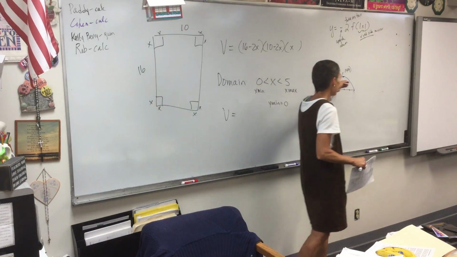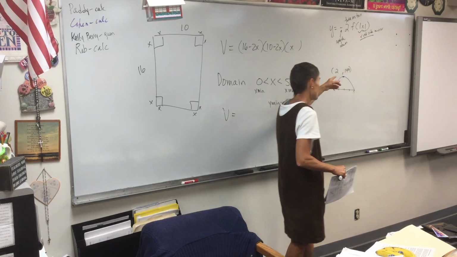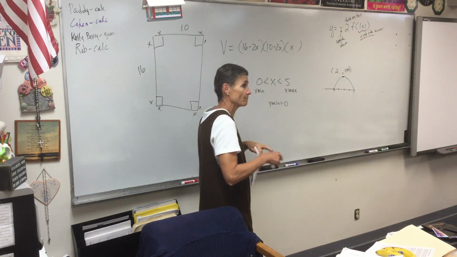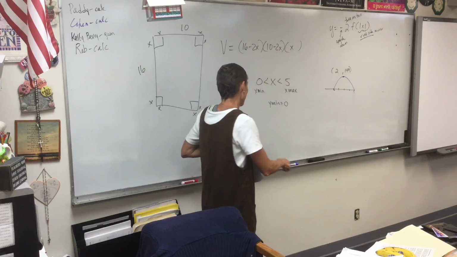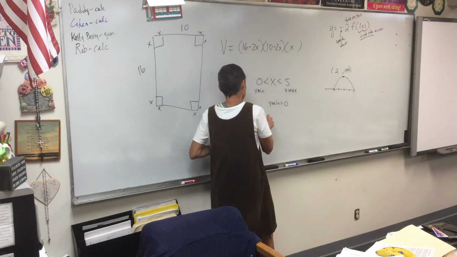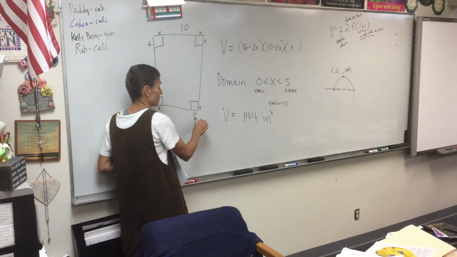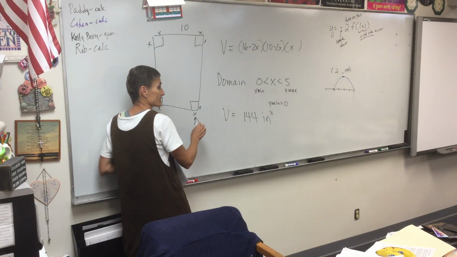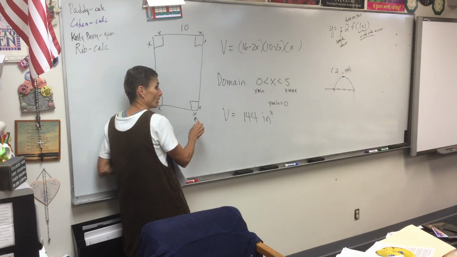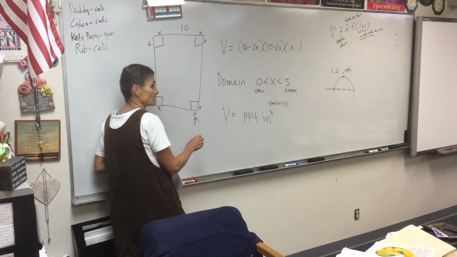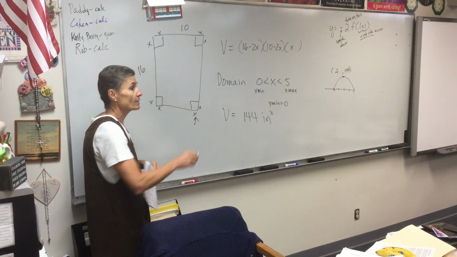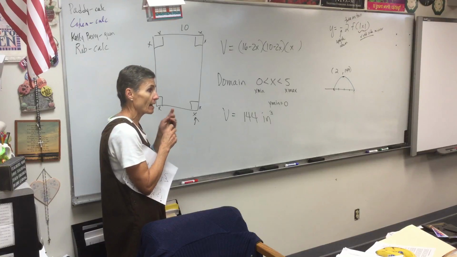You have a 2 and a 144. Which one of those is the volume? 144 cubic inches. What does the 2 stand for? It's the X. So what does it stand for? The size of the cutout.